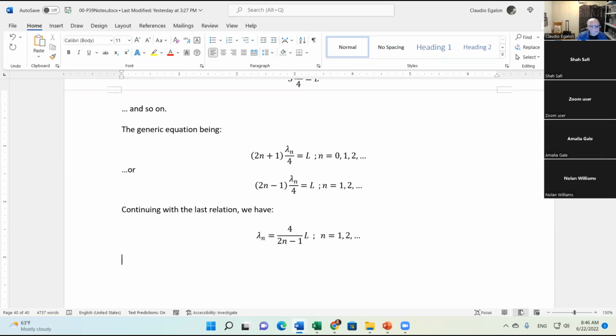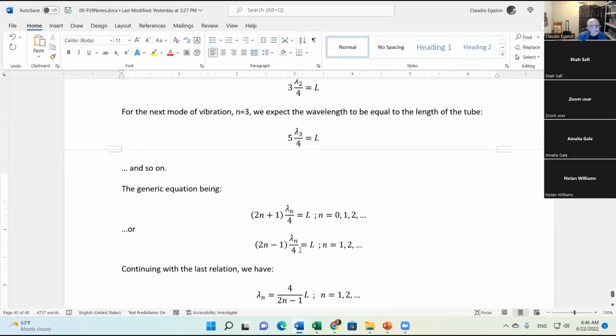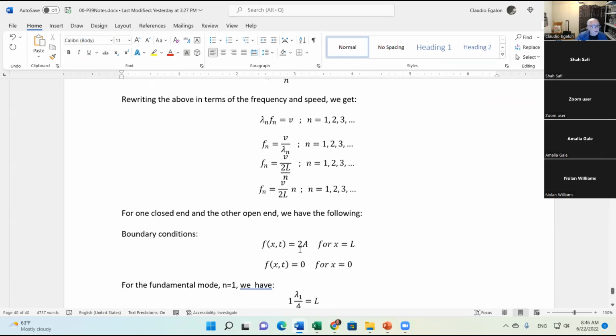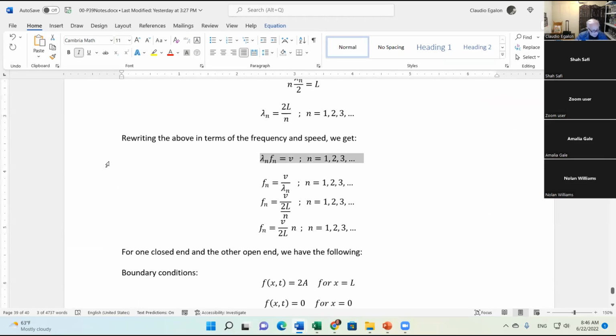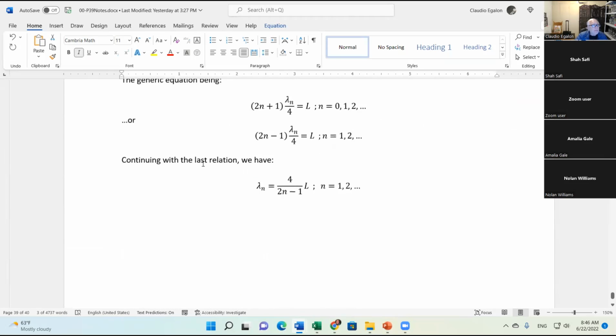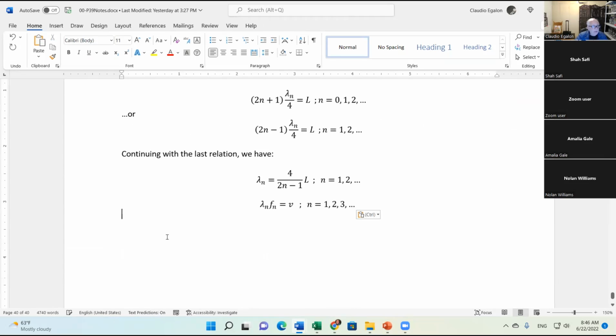Just like before, we can write that in terms of the frequency, right? Let's reuse it. The velocity of the sound remains the same in the tube. Okay, we plug the lambda n right in here.